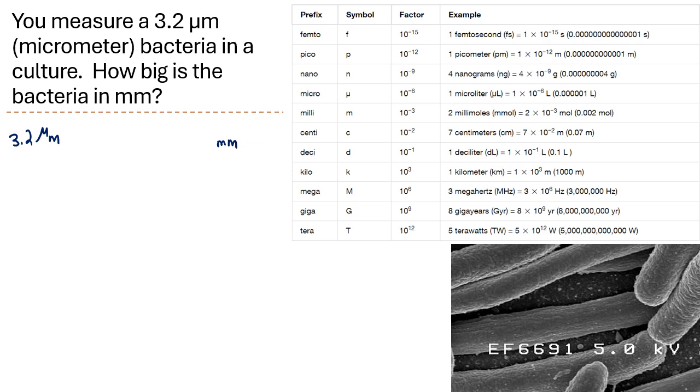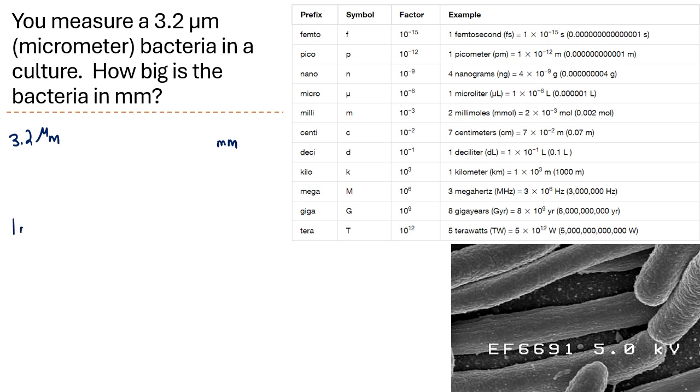So we may have to approach this as a two-step problem by converting micrometers to the base unit, meters, and then converting that conversion into our wanted unit, millimeters. So I will try to determine the relationships of both millimeters and micrometers to meters using my SI unit table here. From that table, I see the relationship of micrometers.